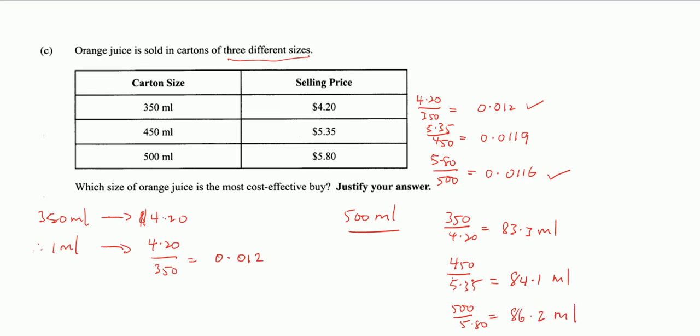Right? Now, all of these represent the amount per dollar. Right? So, if we are paying $1, the one that will give us the most value for money is obviously the 500 mil, because we are getting 86.2 milliliters. Okay?